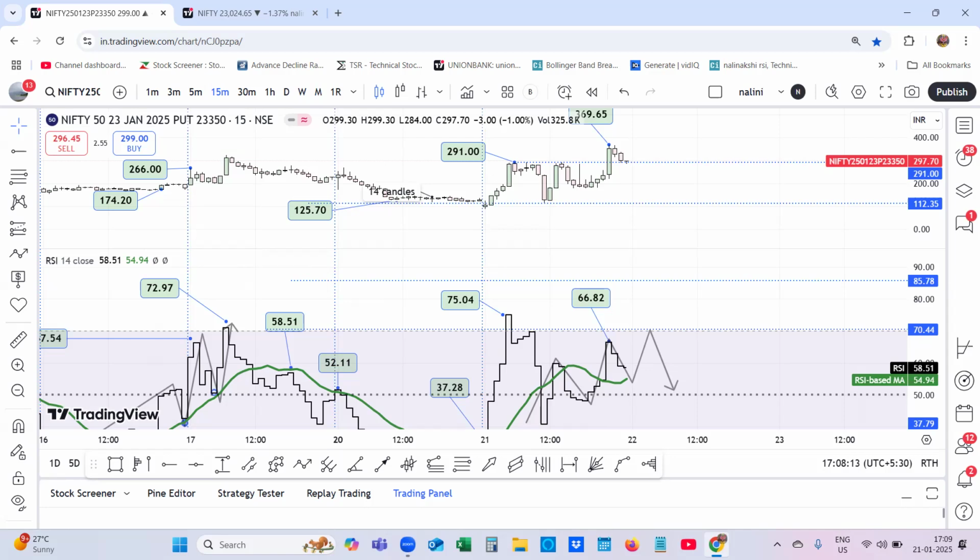You can wait for that, and around 11:30 you will get it. Not exactly, you need to wait for that. If the RSI is giving an oversold or overbought reading, sometimes it may extend, if it is moving higher, up to 8 candles. After the 8 candles, there will be a sell-off.